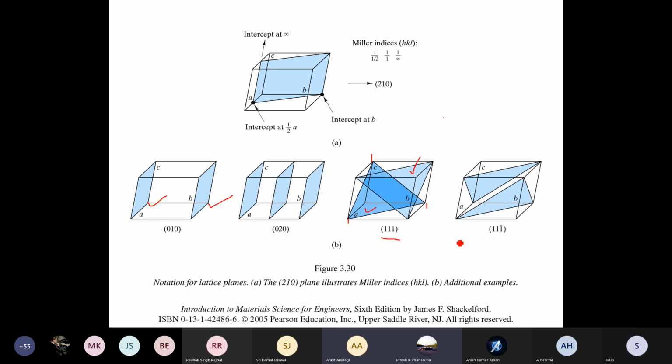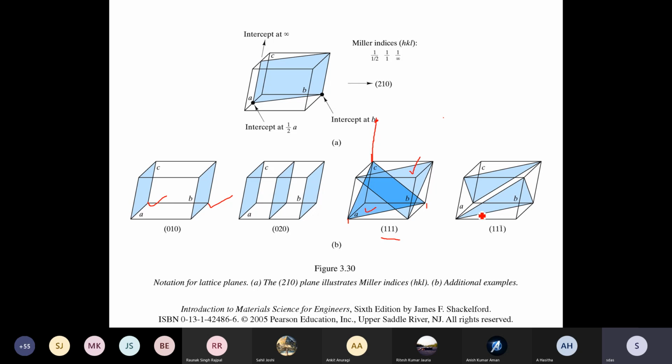Sir, it will be 1, 1, 1 only, sir. Exactly. If you shift the axis downwards or upwards, unit length in x, unit length in y, and if you extend this plane, it will intersect the z-axis somewhere here. So this is 1, 1, 1.